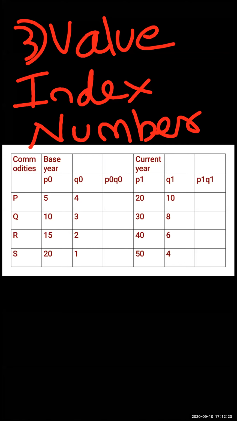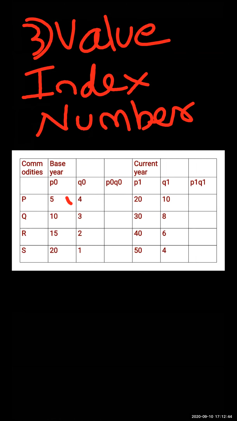The first step is to find the product of price and their respective quantity of the commodities for the base year to derive P0Q0. Okay, now multiply P0Q0. 5 into 4, 5 fours, yes, 20.